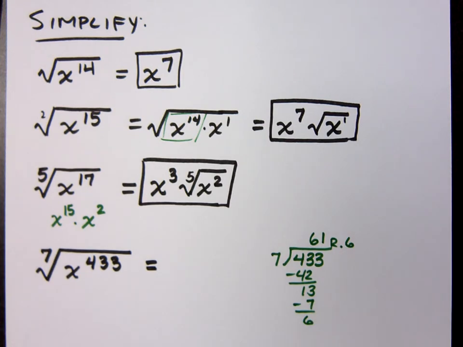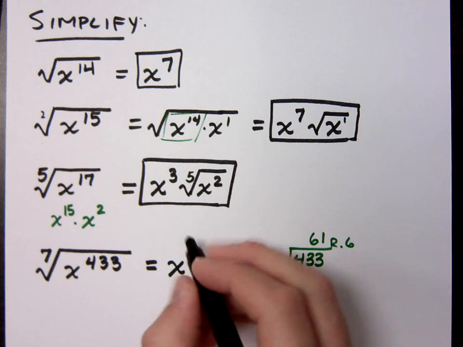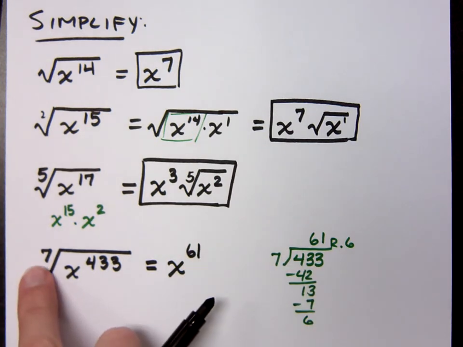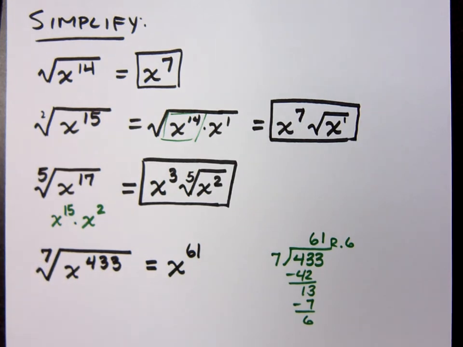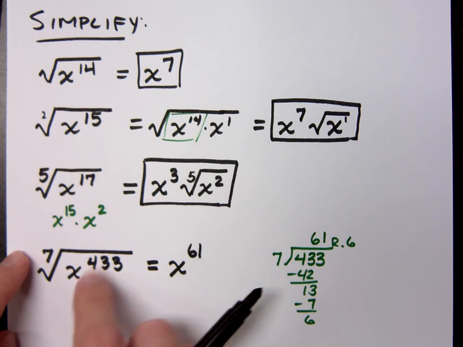So that means my answer is how many complete sets of 7 x's do I have in there? We have a complete set of 61. I have 61 sets of 7 x's, because the 7th root means I need to have 7 of the same factor. So if I wrote out all 433 factors of x, how many sets of 7 would there be?